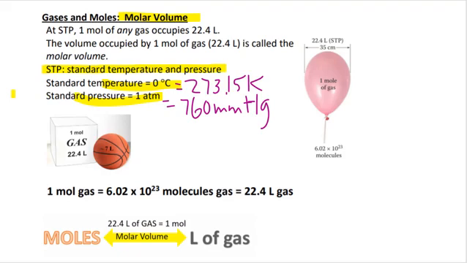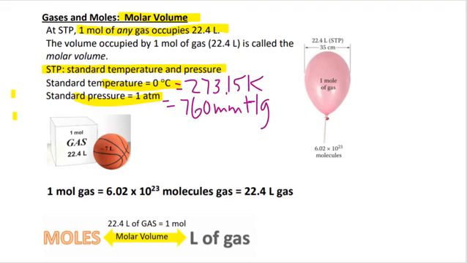So at sea level, 1 atmosphere, 0 degrees Celsius, we are told that at standard temperature and pressure, 1 mole of any gas occupies 22.4 liters, and that is called molar volume.